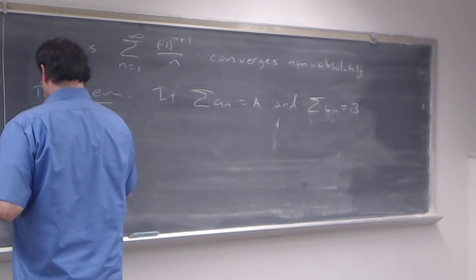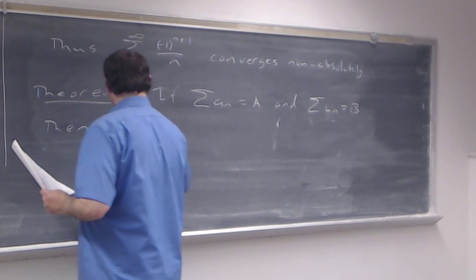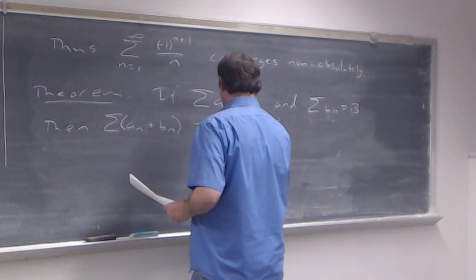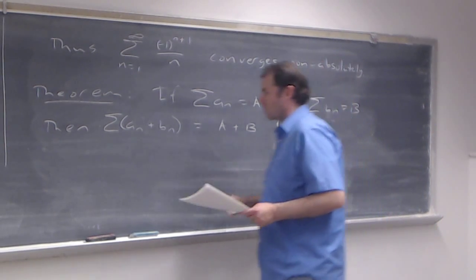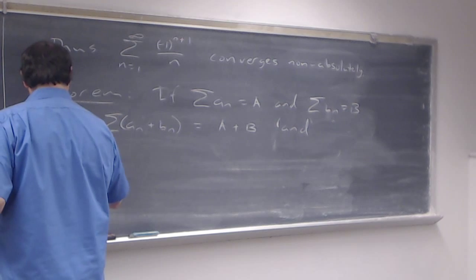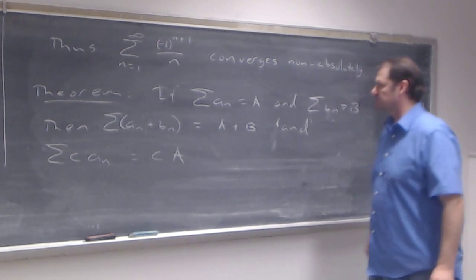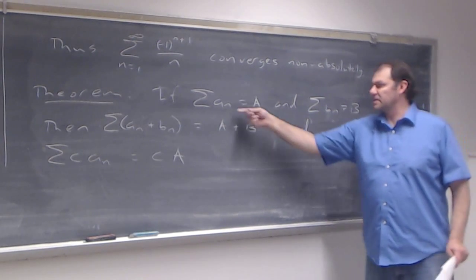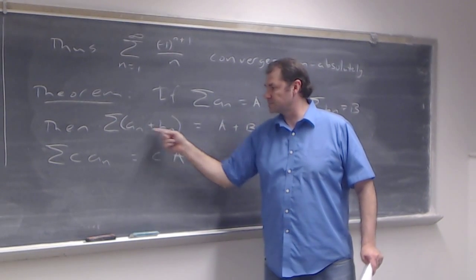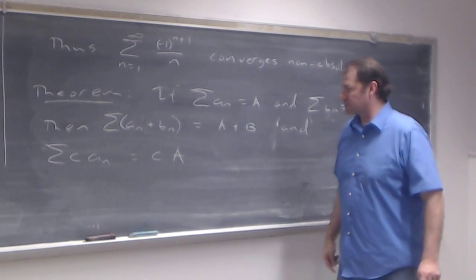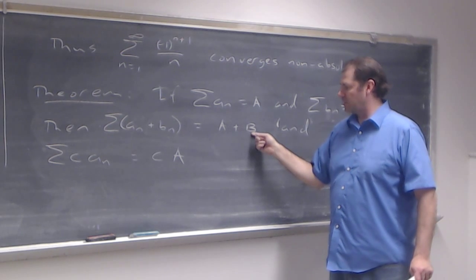Then the sum of a sub n plus b sub n equals A plus B. And not only that, but the sum of a constant times a sub n will be equal to c times A. So what this is saying is if you give me two convergent series, and you take the addition of the sequences involved and do a series of that, it's going to converge to what the first series converges to, plus what the second series converges to.